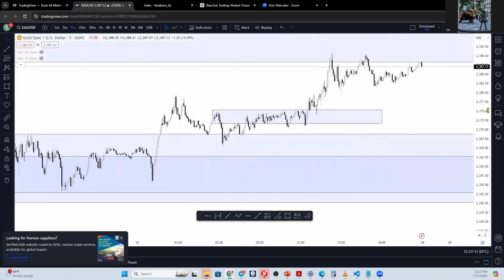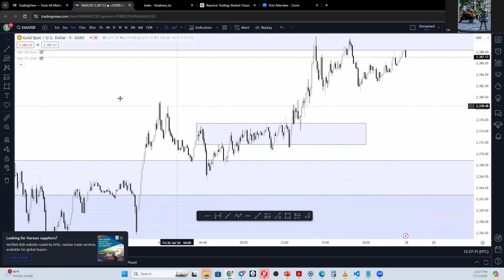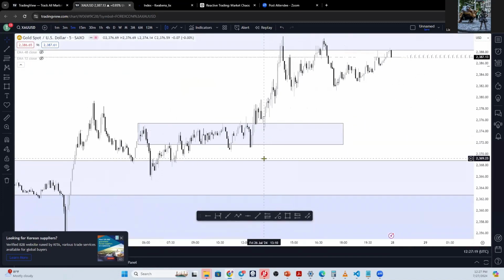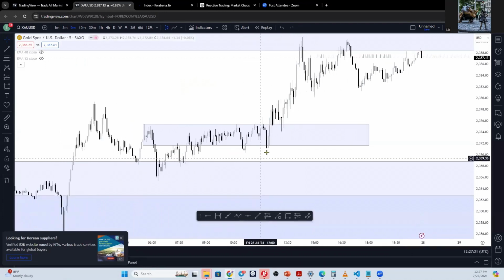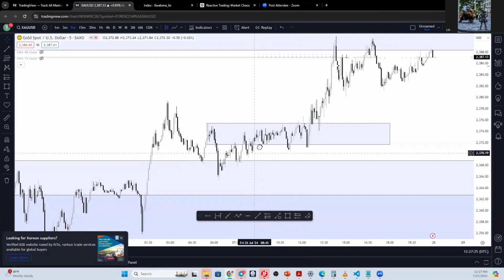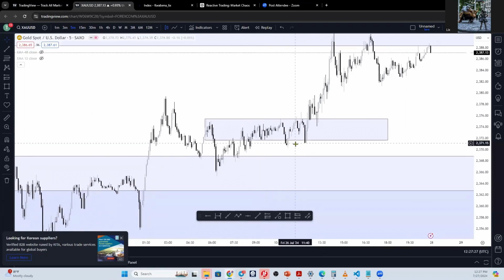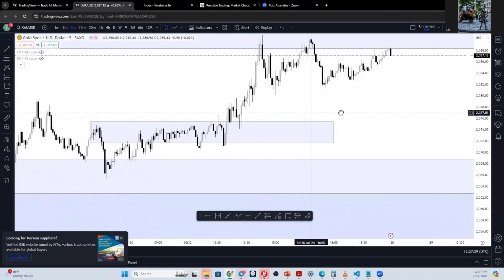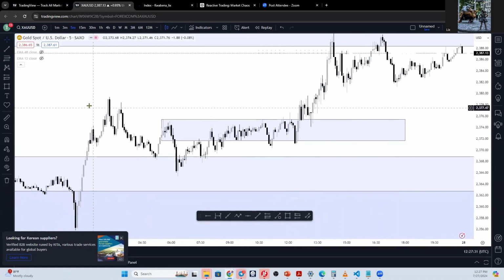There's an entry. Okay, so on 5 minutes, price created an engulfing, and then an engulfing field.